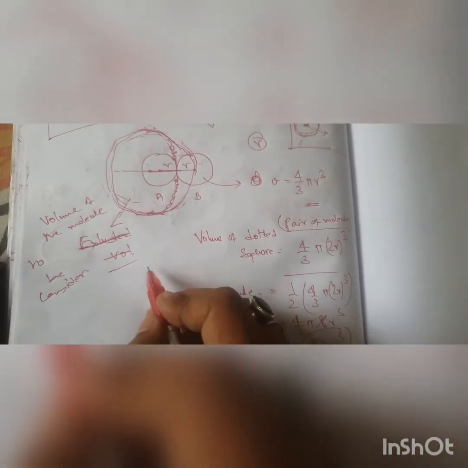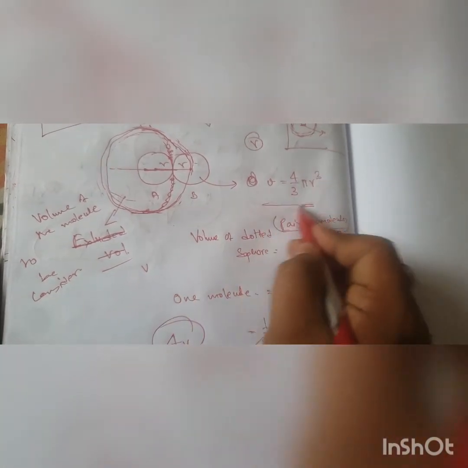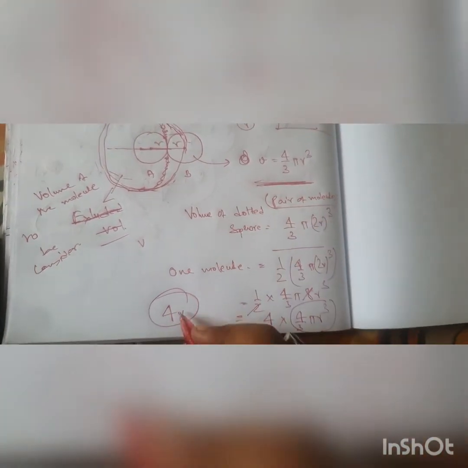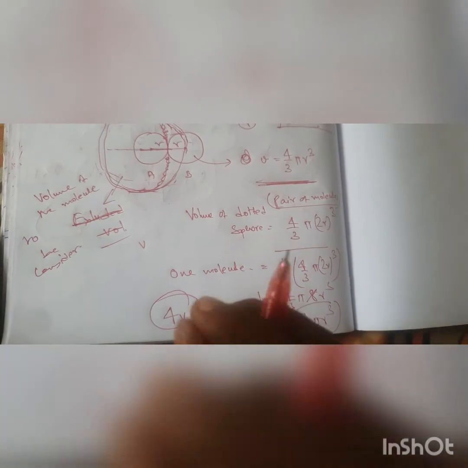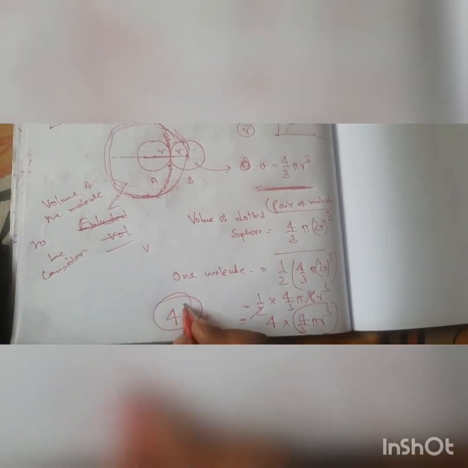So if the original volume of the molecule, small v, is 4 by 3 pi r cube, then the volume that you should actually consider should be 4v. This is the reason I said it here.